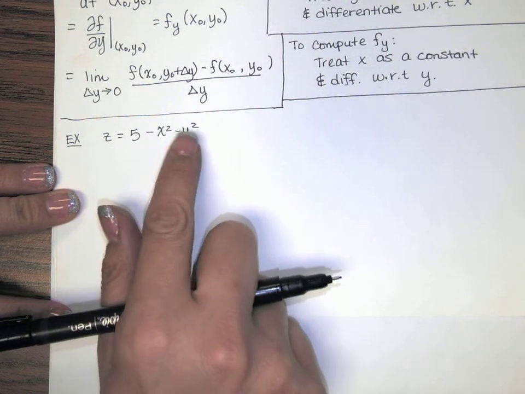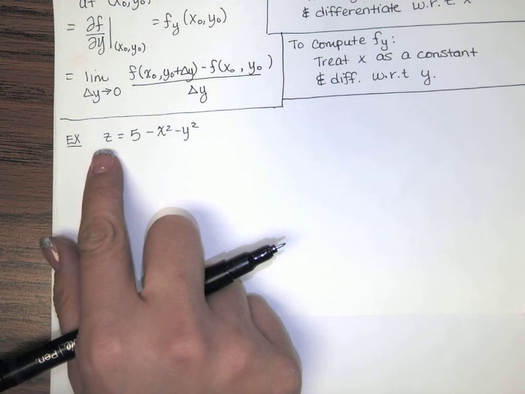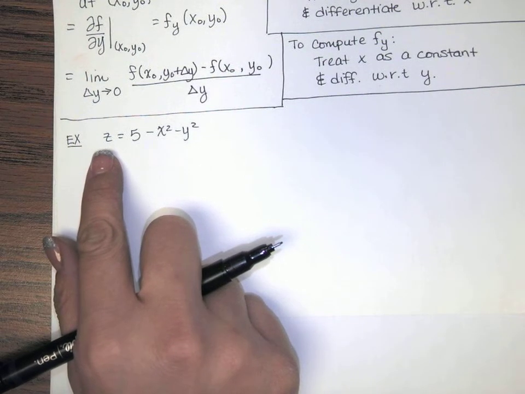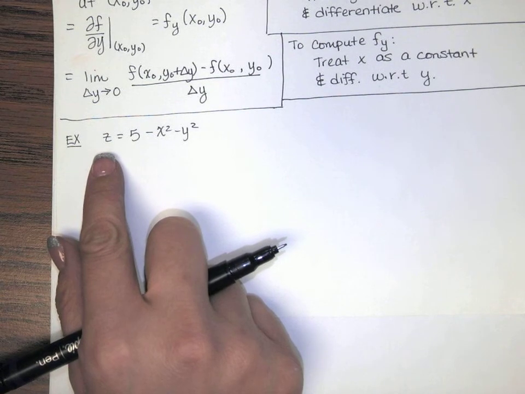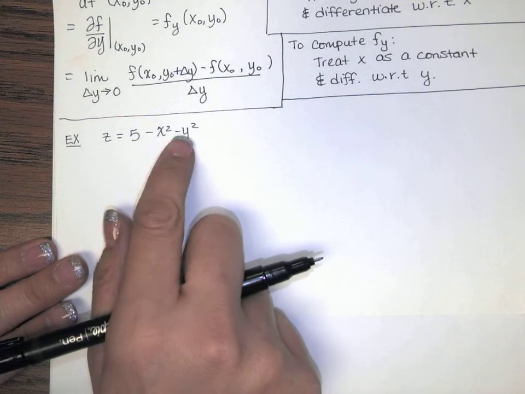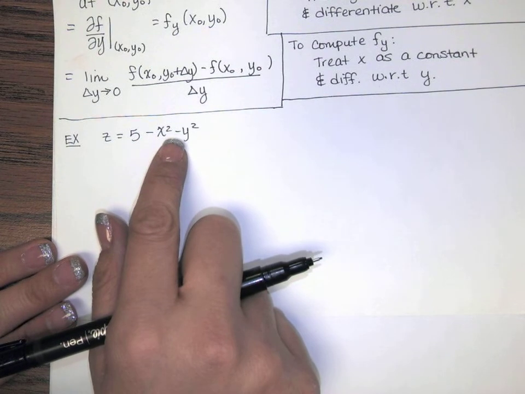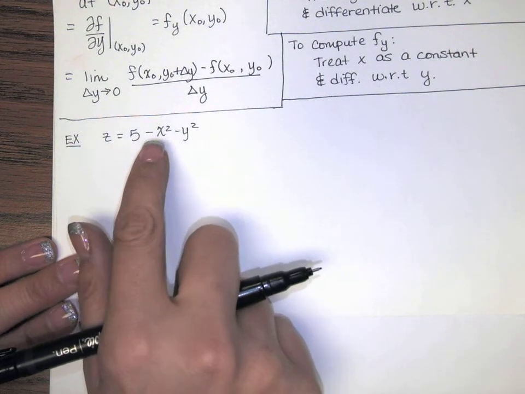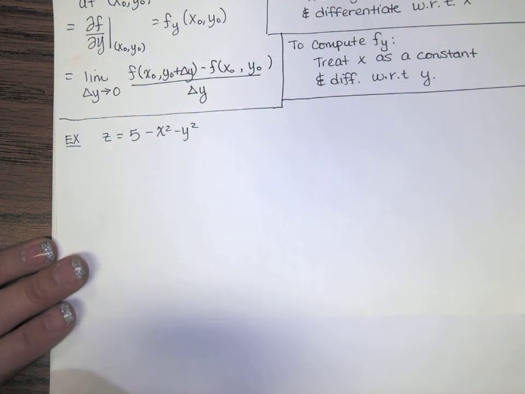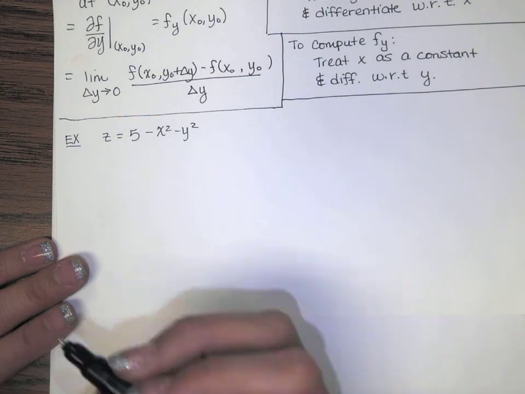So I know since both of these are squared and z is raised to the first power, I either have an elliptic paraboloid or a hyperbolic paraboloid. So I'm either looking at a saddle or something that looks like a parabola in 3D. Since both of these have the same sign, it's the parabola in 3D, which is called the elliptic paraboloid.